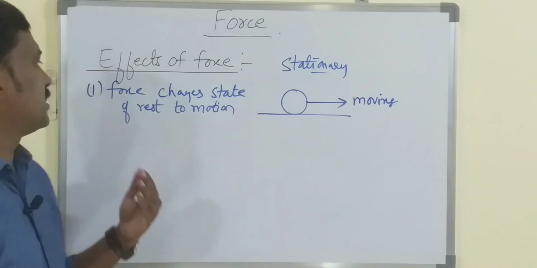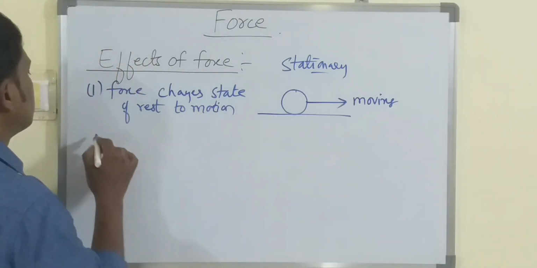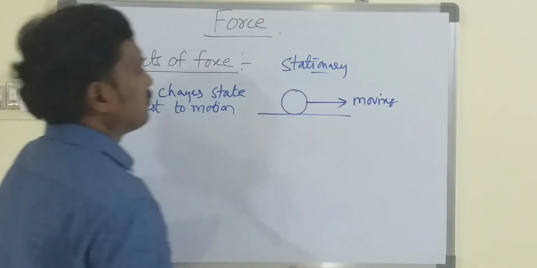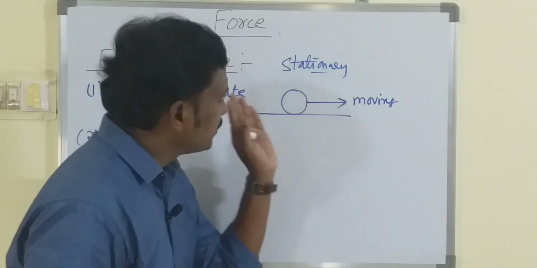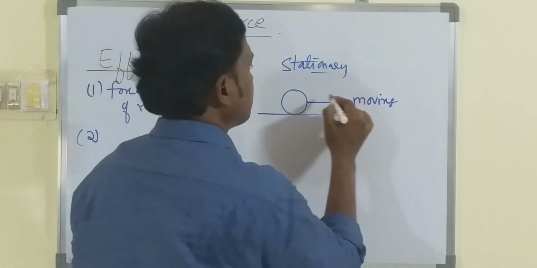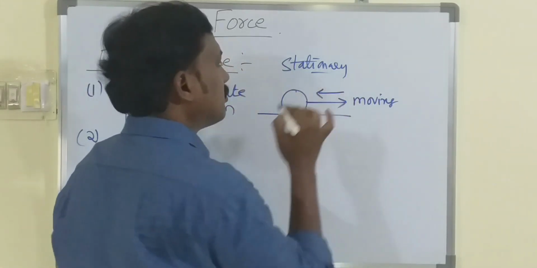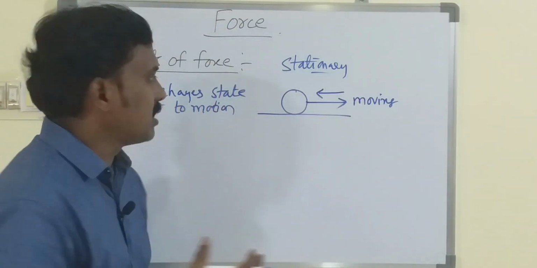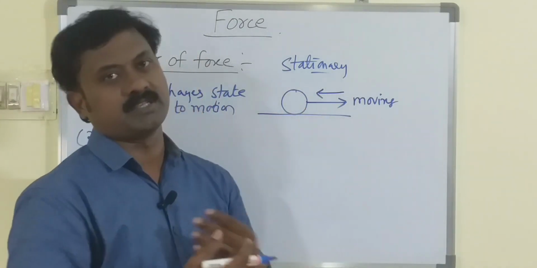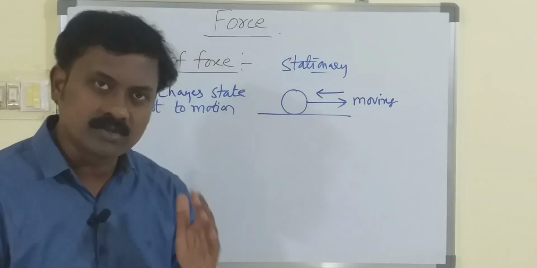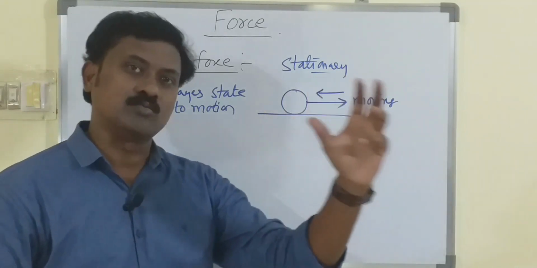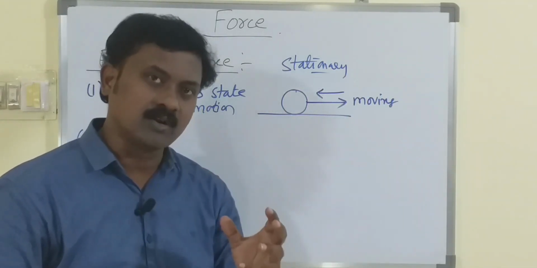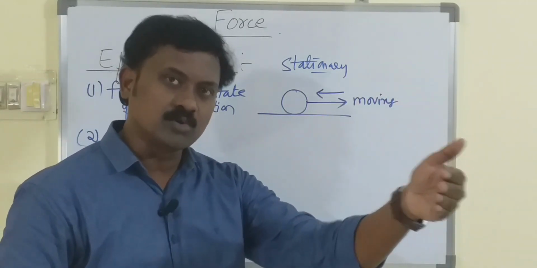The force changes state of rest to motion. Secondly, suppose that as a ball is moving, somebody applies a force in the opposite direction. Then the moving ball will come to rest again. So here the force changes the state of rest to motion, and the force can also bring the state of motion to rest.